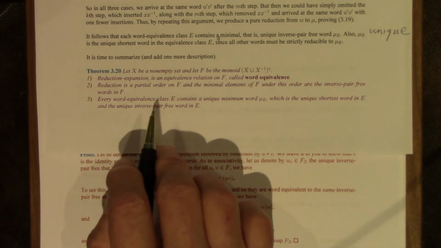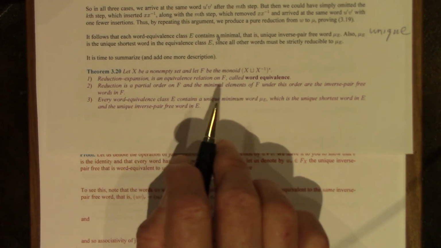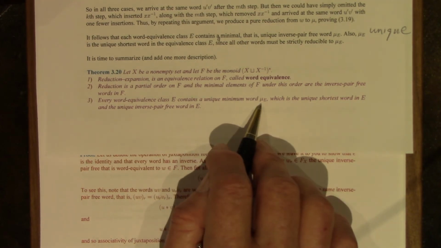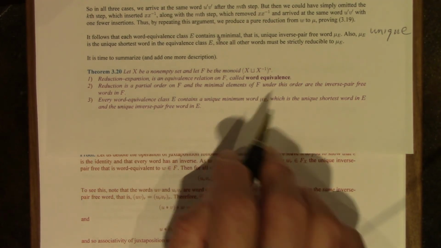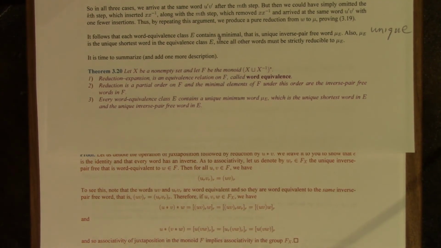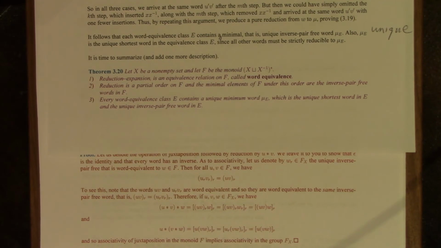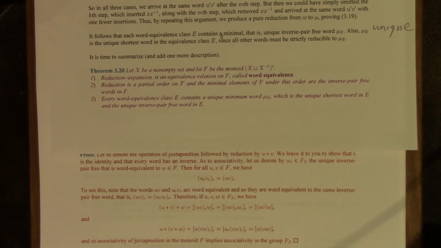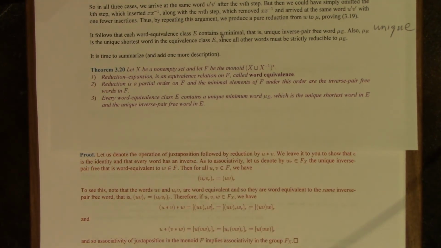Every word equivalence class contains a unique minimum word, mu sub E, which is also the unique shortest word in E, and the unique inverse pair free word in E. So it has all three properties. It's unique minimum, unique shortest, unique inverse pair free.